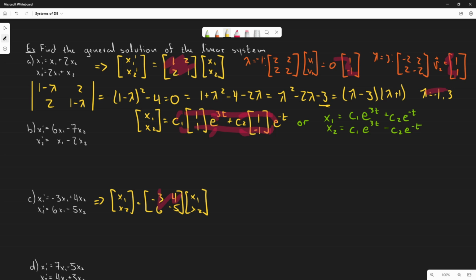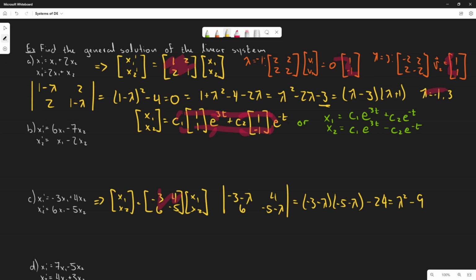And so this gives us negative 3 minus lambda, 6, 4, negative 5 minus lambda, and this is equal to negative 3 minus lambda times negative 5 minus lambda minus 24, or lambda squared plus 8 lambda plus 15 minus 24, so it'll be minus 9.